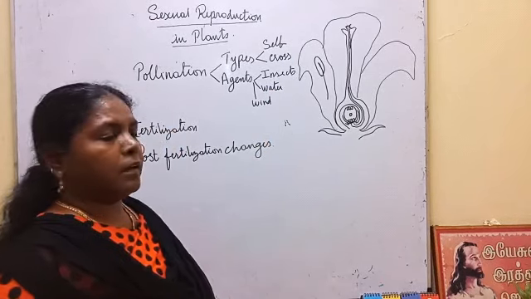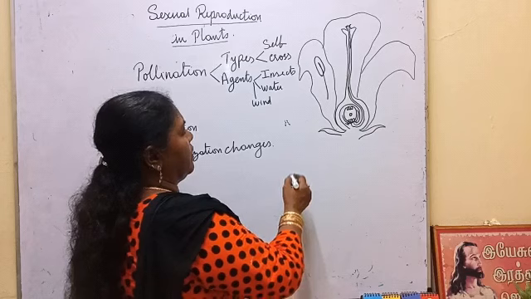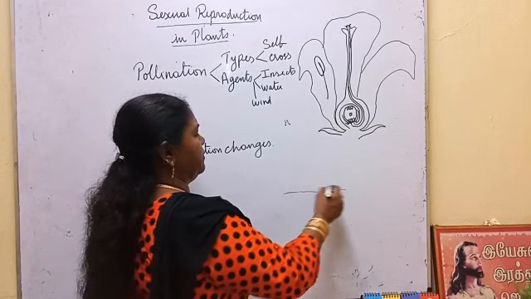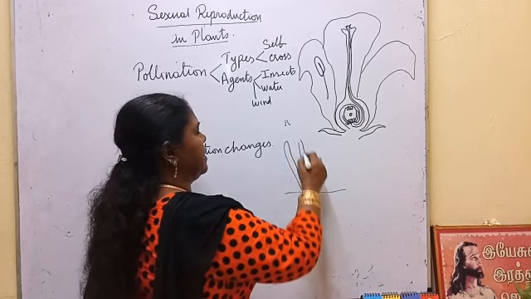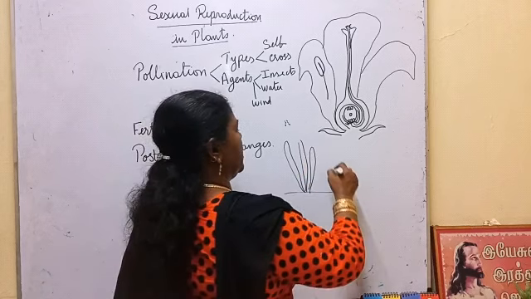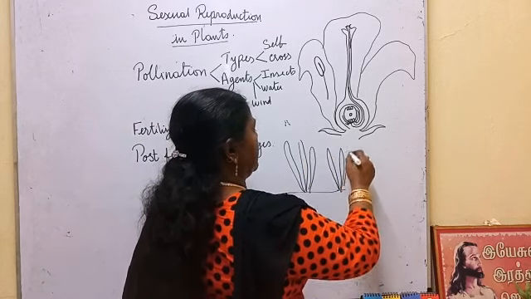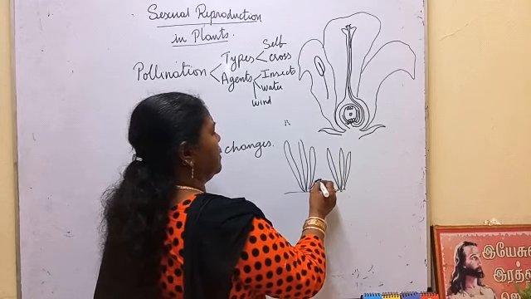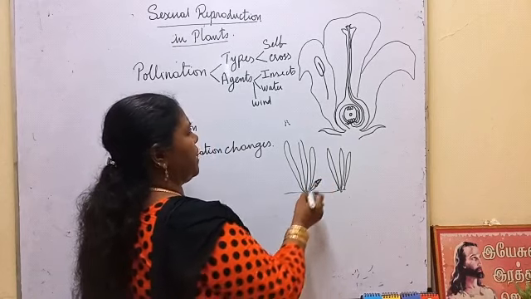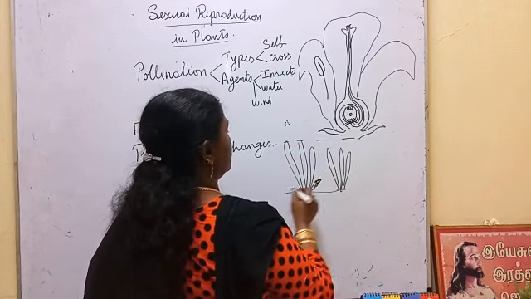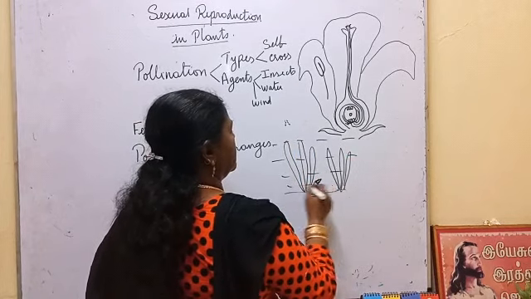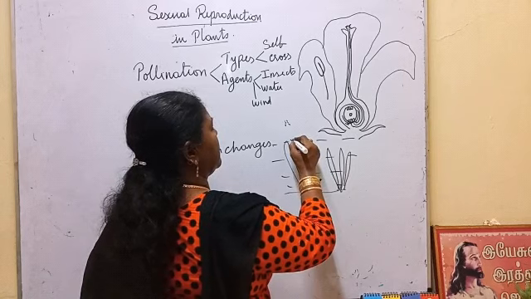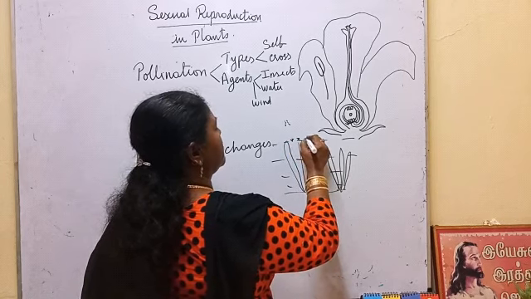Then water. The aquatic plants like Vallisneria have two different types of plants, male plant and female plant. Male plant will produce the male inflorescence. The male flower will get detached and float on the surface of the water.